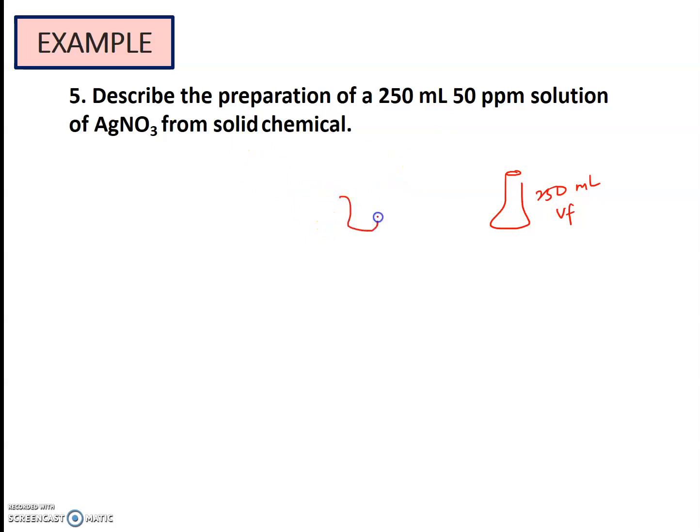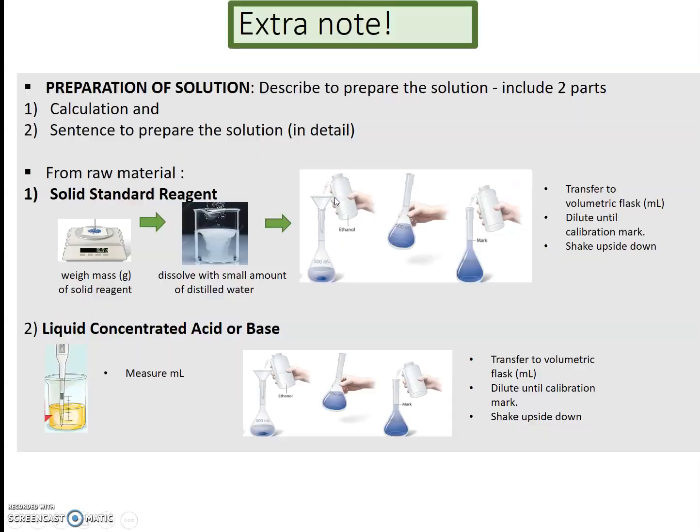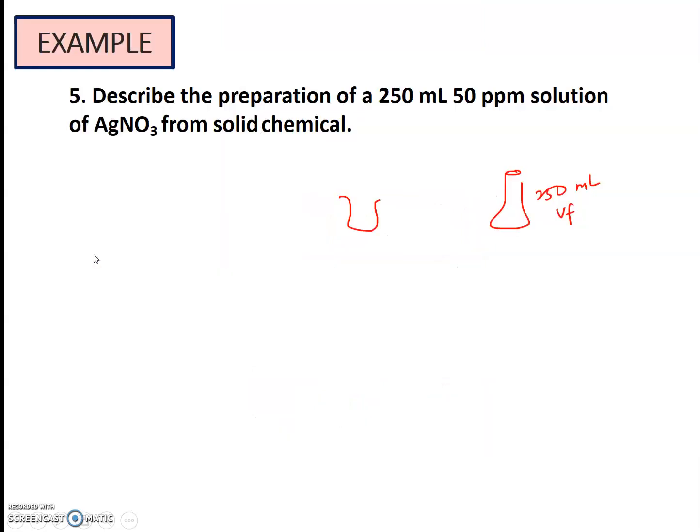Okay, so preparation of solution, either raw material solid, standard reagent, or liquid concentrated acid or base. So from solid reagent, right? So we have to find mass. We have to find mass of silver nitrate.